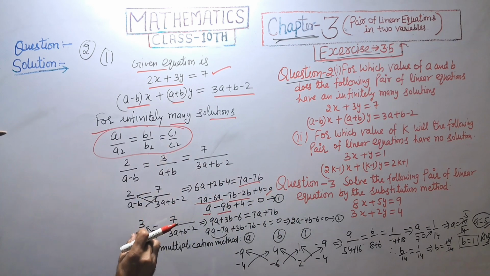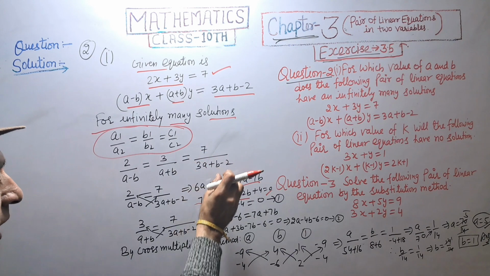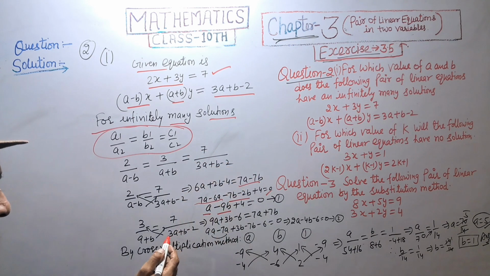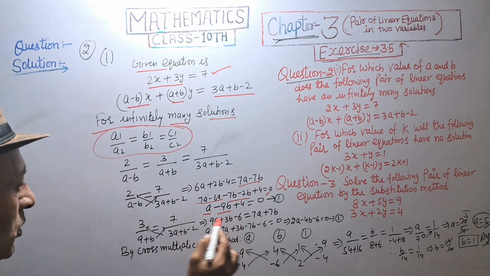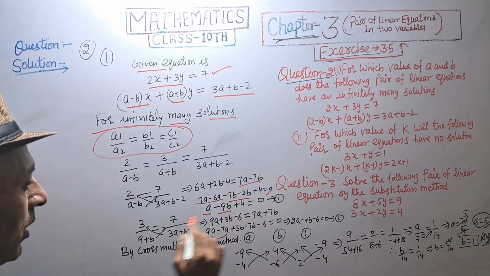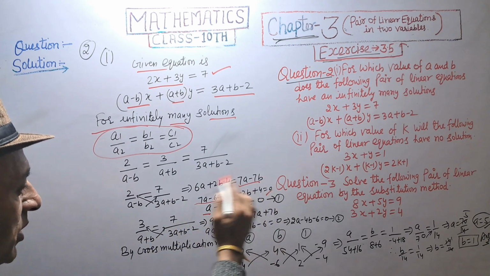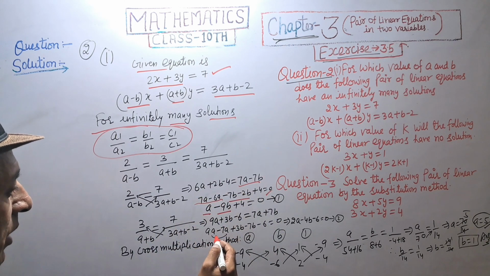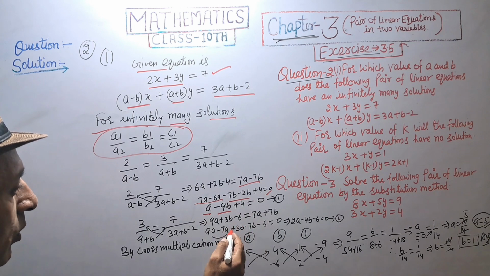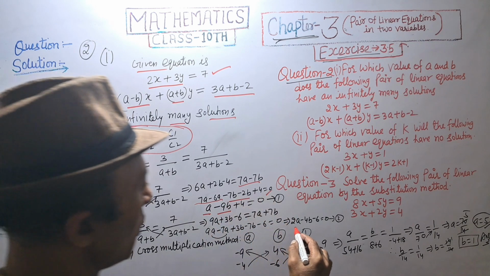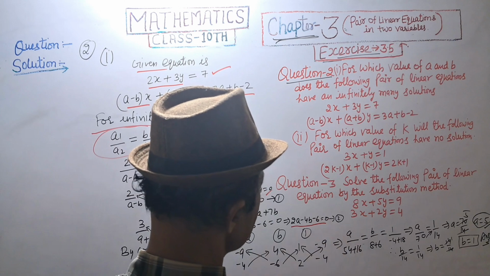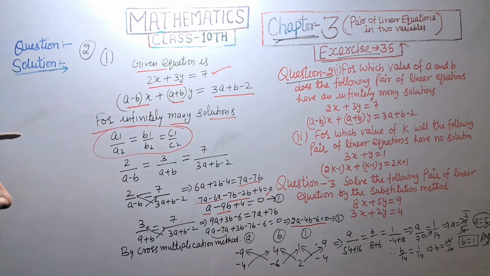And 3 upon a plus b is equal to 7 upon 3a plus b minus 2. Multiplying, 3 3s are 9a plus 3b minus 3 2s are 6 equal to 7a plus 7b. Shifting to the left side, 9a minus 7a plus 3b minus 7b minus 6 equal to 0, so 2a minus 4b minus 6 equal to 0. It's equation number second.